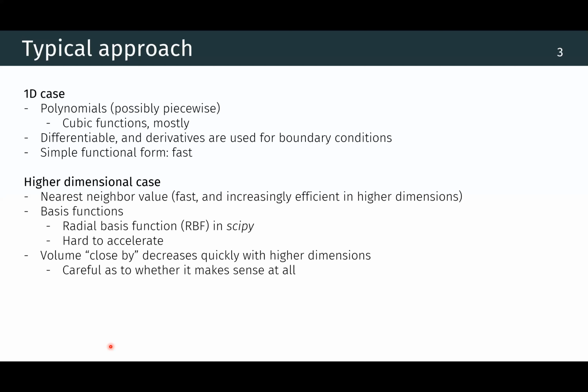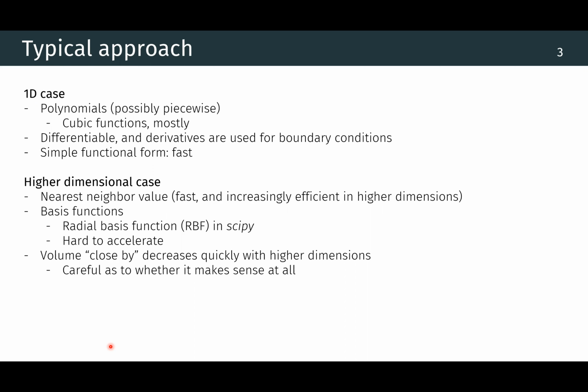So the problem is that you can't really transfer this picture of things being equal if they are close by into high dimensions, because as I mentioned before, the volume of what is close by becomes small very quickly in high dimensions.